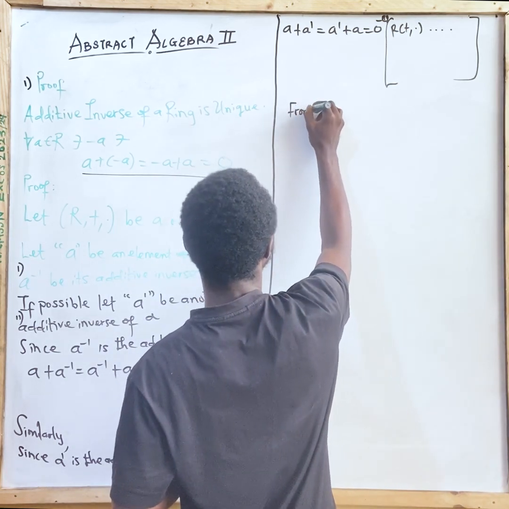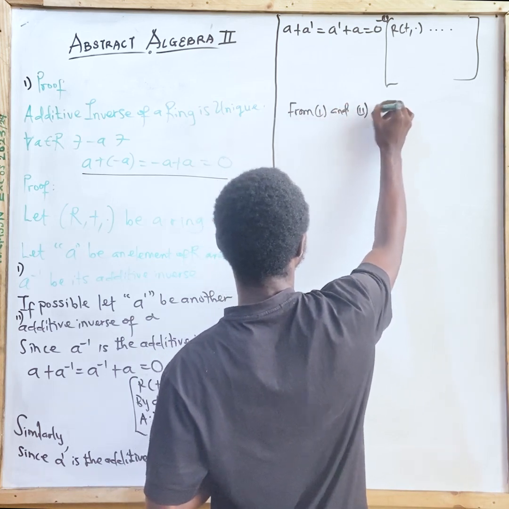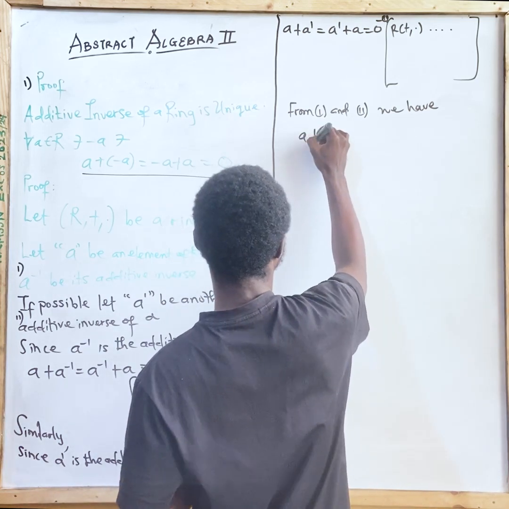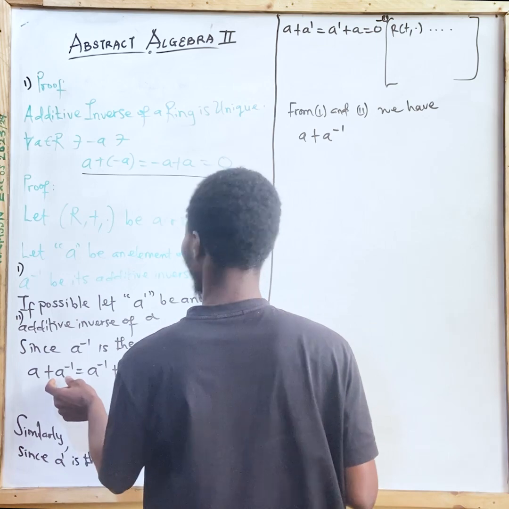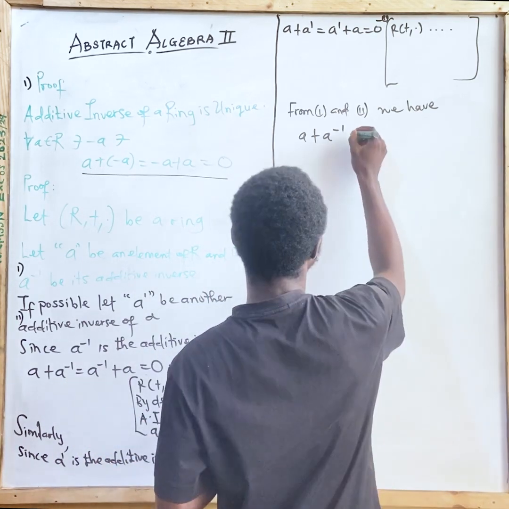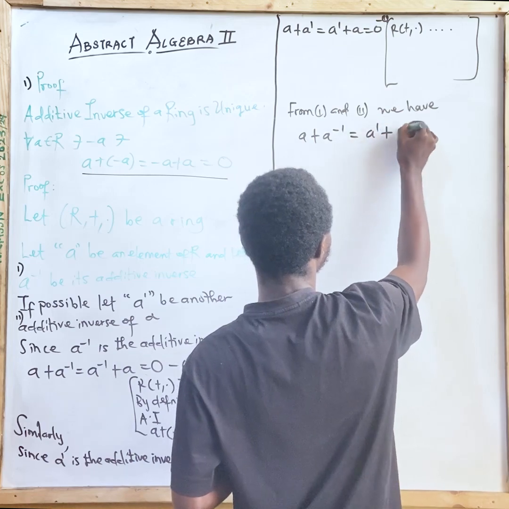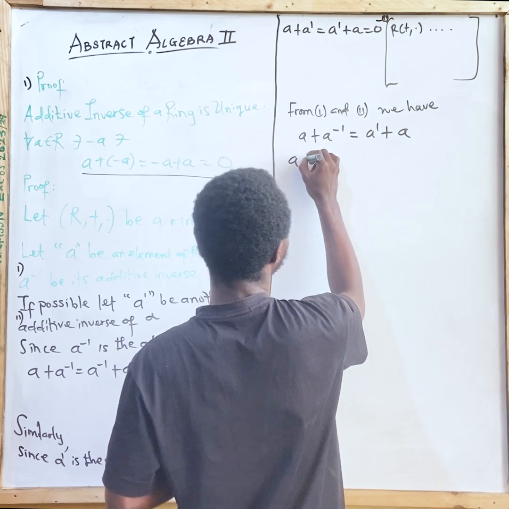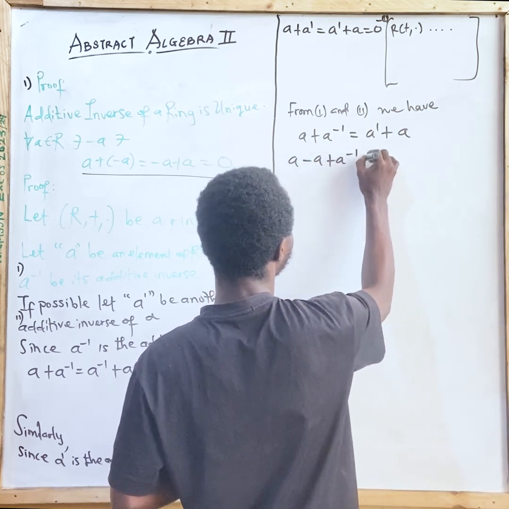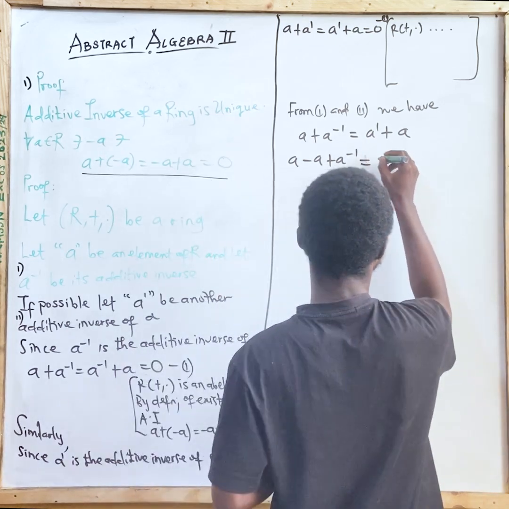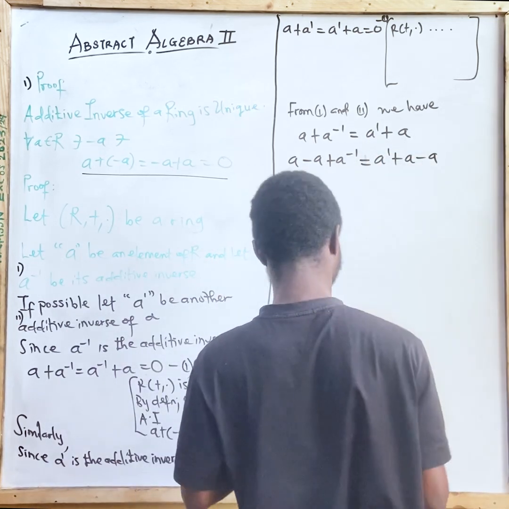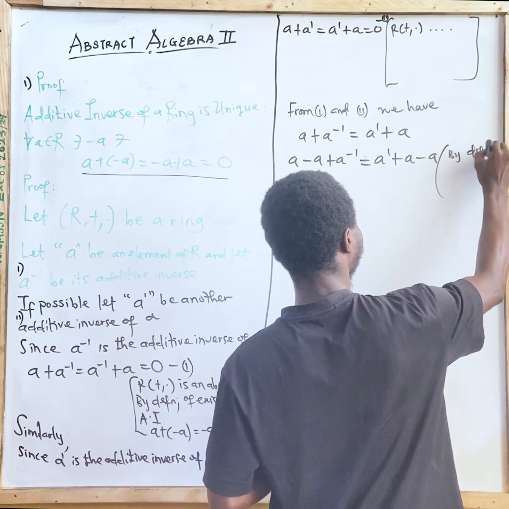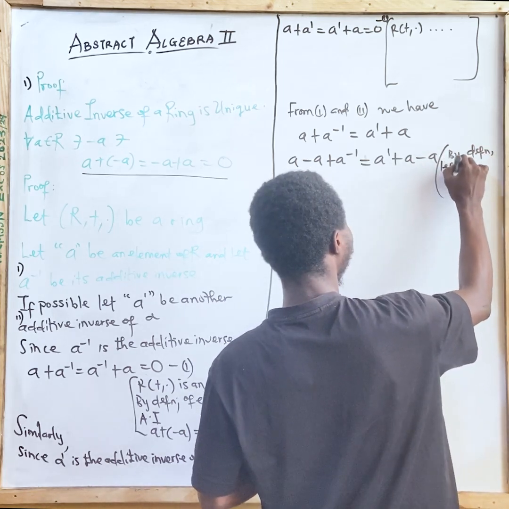So from equation 1 and equation 2, we have that A plus A inverse, the different additive inverse here, equals this here. So I can basically say that minus A plus A plus A inverse equals minus A plus A plus A prime, and this comes from, by definition, what we call left cancellation.